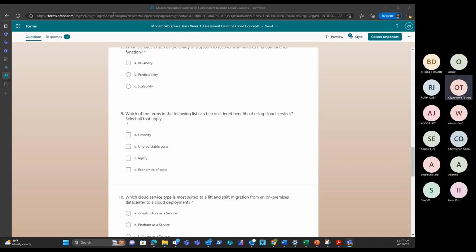So winner, what's your answer here? D, economies of scale. So that's wrong. It says select all that apply. Root is the next. Elasticity. So just give me the options.